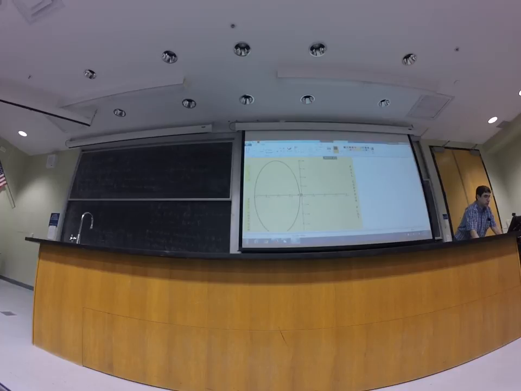Actually, let's draw first the arrows. I want you to be drawing arrows. So remember, the brown line ends at the origin, so the arrow is in this direction, and the orange line leaves from the origin, so the arrow is in this direction. Clear? Important to figure out the directions.